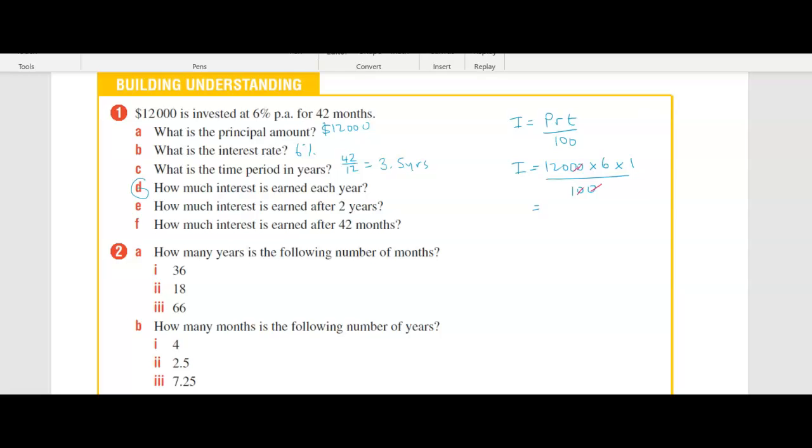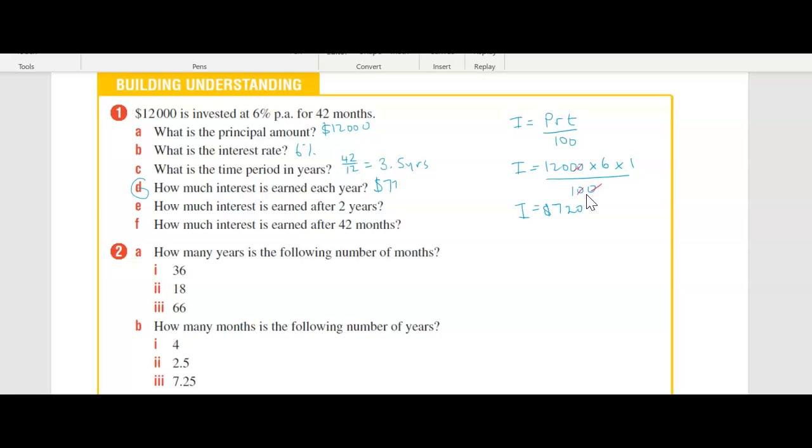So 120 times 6, so 6 to 60. Thought I'd do it in my head, but yeah, 720. Okay, so in 1 year we've earned $720.